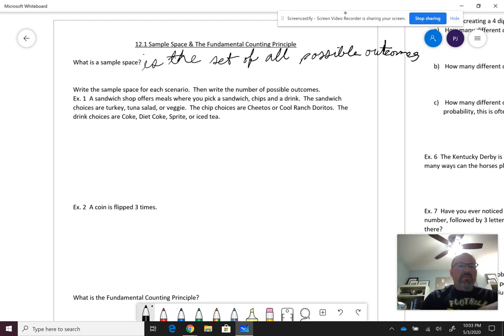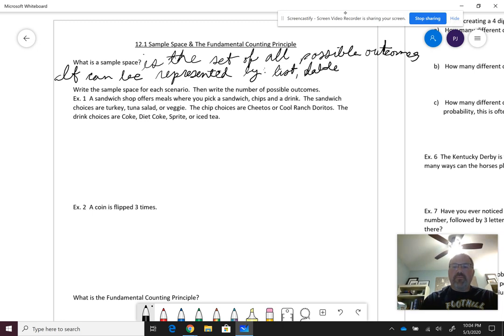Well, it can be represented by a list, table, and a tree diagram.